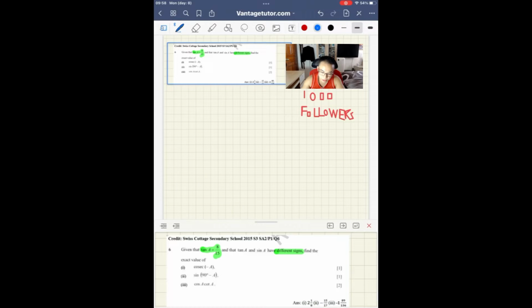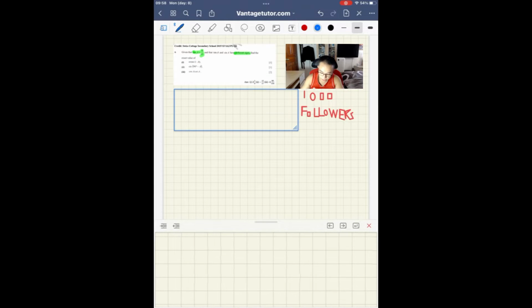Firstly, they tell me that tangent A equals 8/15. I learned in my E math that the trigonometry ratio tangent A equals opposite over adjacent. So I go to my space over here and draw my 4 quadrants. As you all know, your ASTC, all science teacher .com, whatever it is, the first quadrant is where all the trigonometric functions are positive, then the second quadrant is sine, and so on.